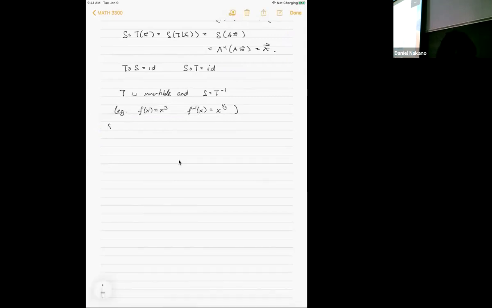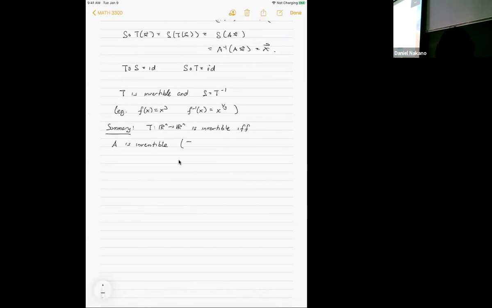So summary. So T from Rn to Rn is invertible if and only if A is invertible.